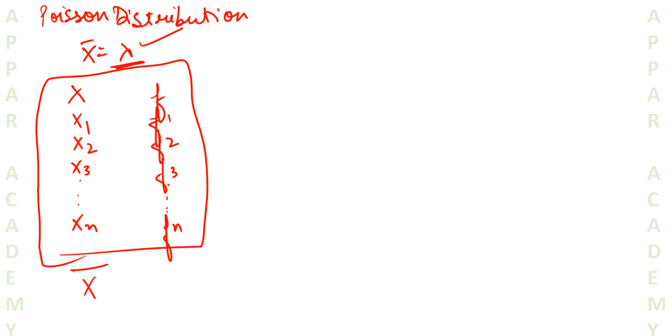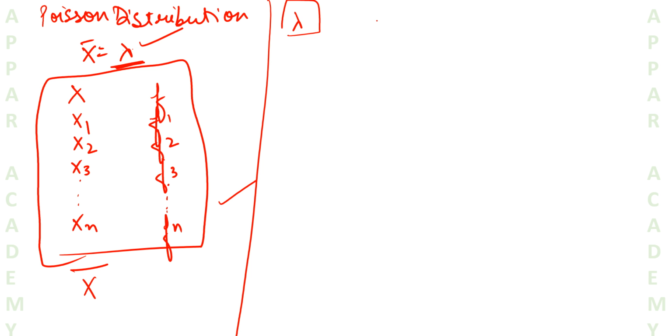So we'll find the mean from this distribution and equate it with lambda, the mean of the Poisson distribution. Once we have the value of lambda, we can easily compute the probabilities for the distribution.